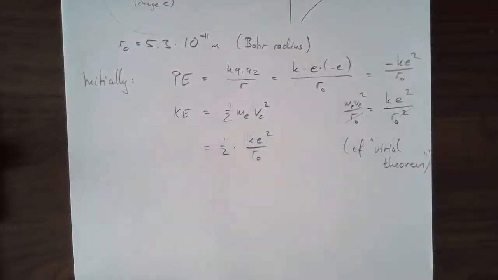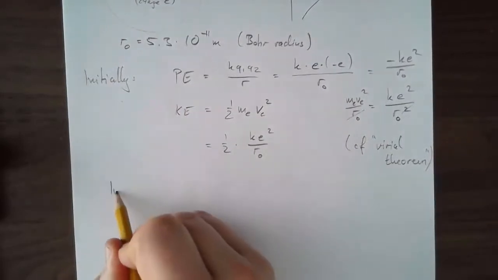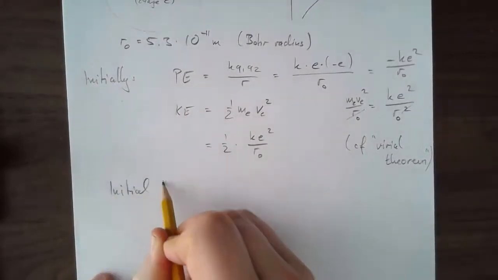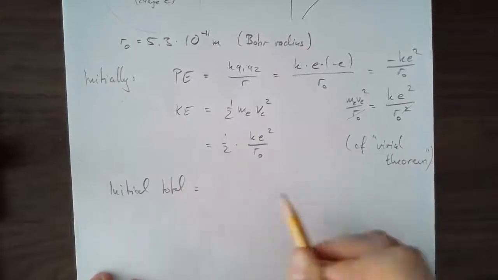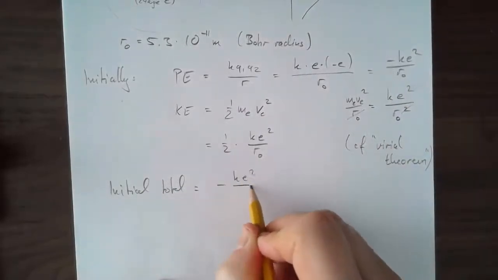Now, for our purposes, we have the initial potential and initial kinetic, so the initial total is equal to minus K e squared over R naught.